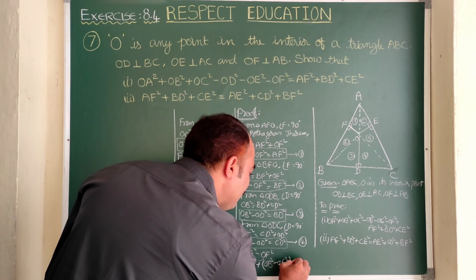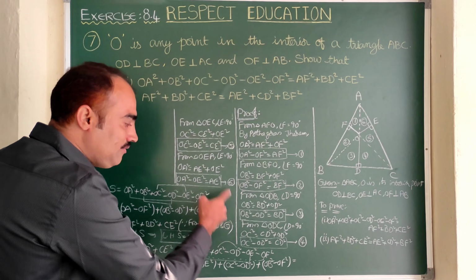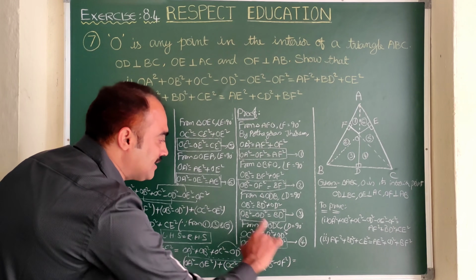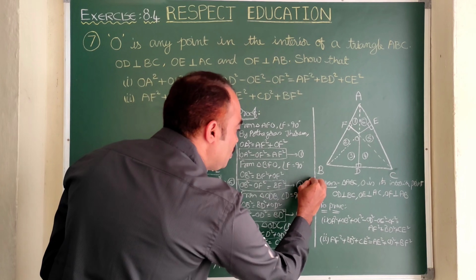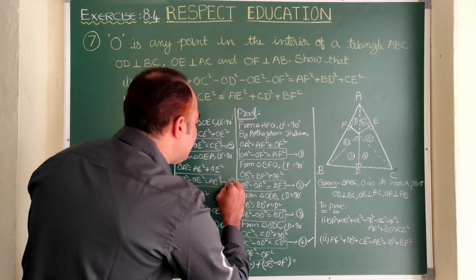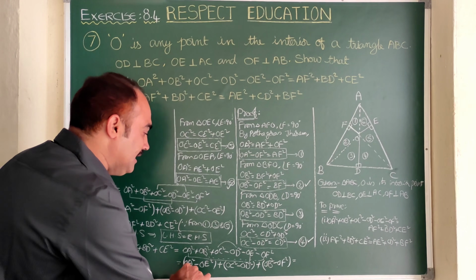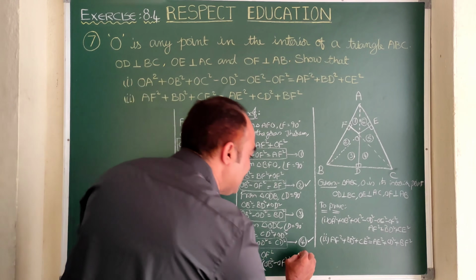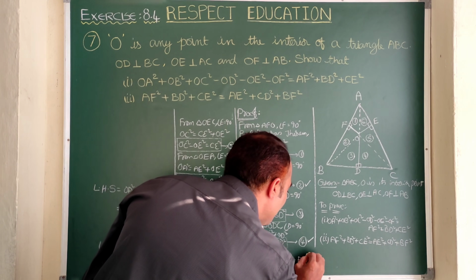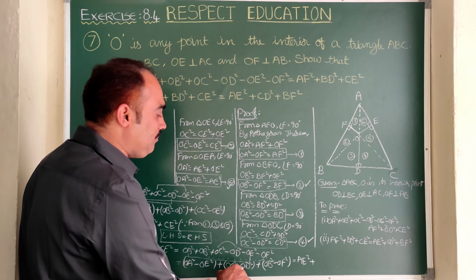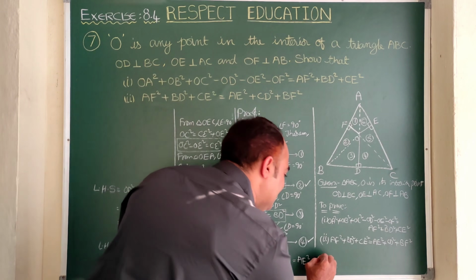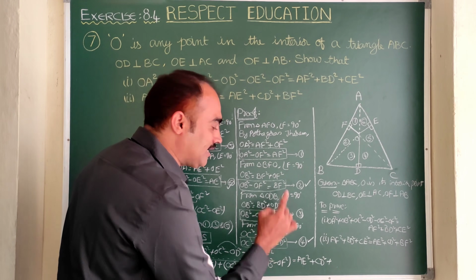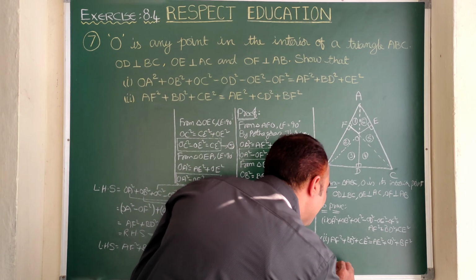Now from the equations, we have used 1, 3, 5. Now equations 2, 4, 6 can be used. By using these three, OA square minus OE square can be written as AE square, plus OC square minus OD square can be written as CD square, plus OB square minus OF square can be written as BF square.